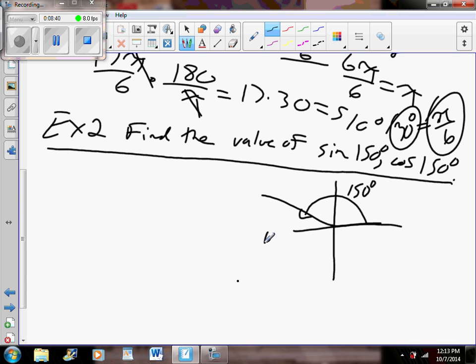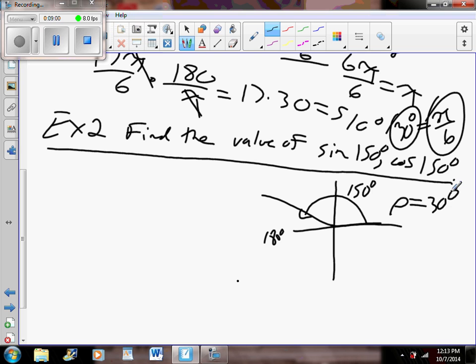Well, 180 degrees is all the way over here on the other side of the origin. So my reference angle, rho, is going to be 30 degrees. So I'm going to refer to the value of sine and cosine at 30 degrees to figure out what the value is going to be at 150.